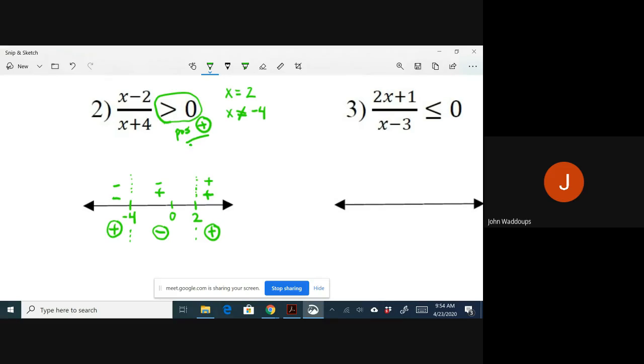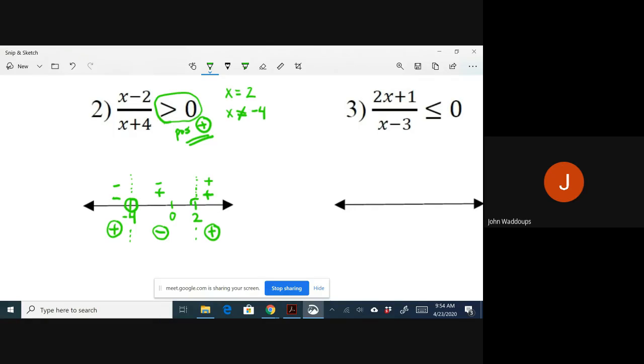And because we're looking for numbers greater than 0, or positive numbers, these are the intervals where that will happen. And so if it was greater than or equal to 0, we would use a closed dot on our numbers. But since it's strictly greater than, we use an open circle to show that it cannot be equal, but will start at that point.